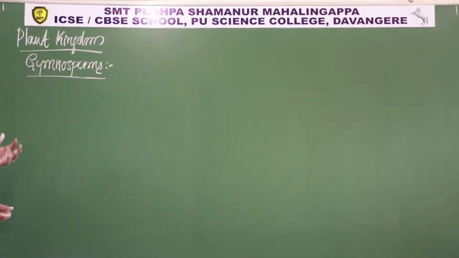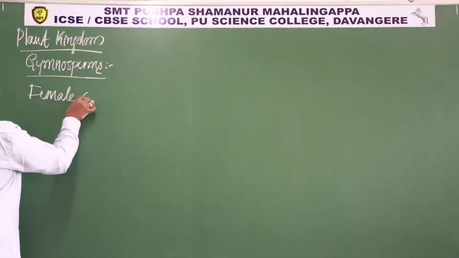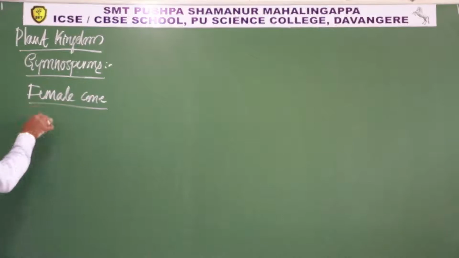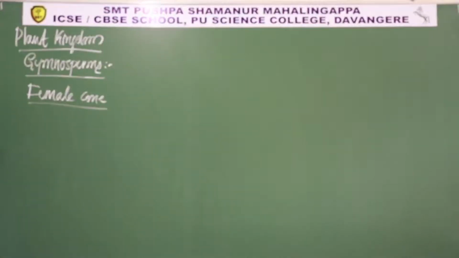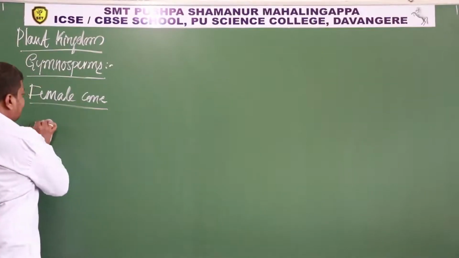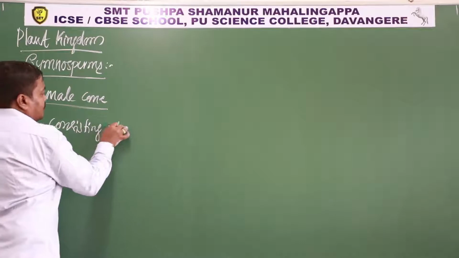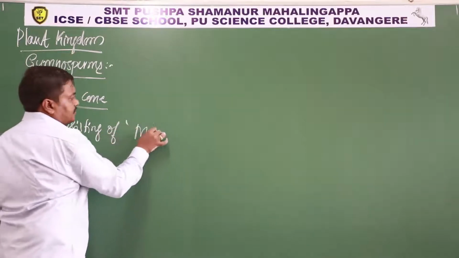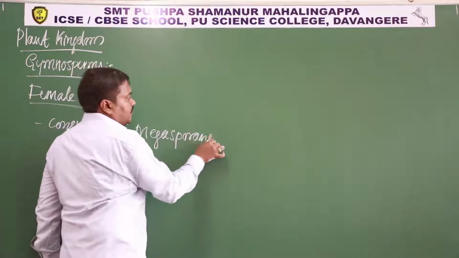So today in this class let us discuss the female cone, also called the female strobilus. This female cone consists of megasporangium.